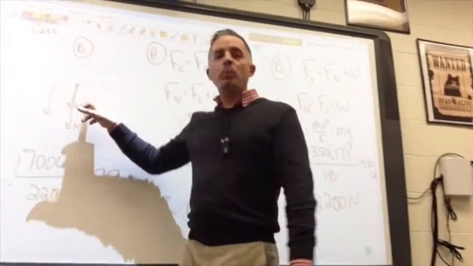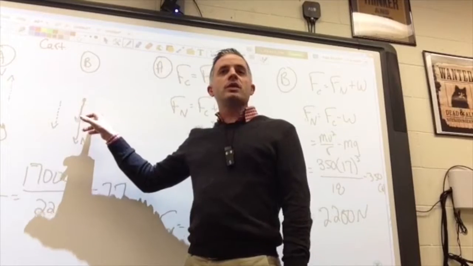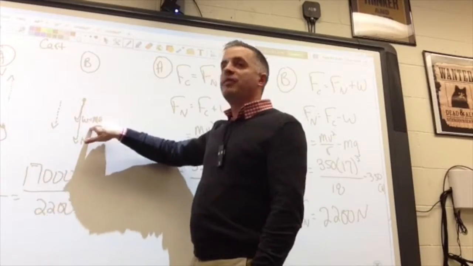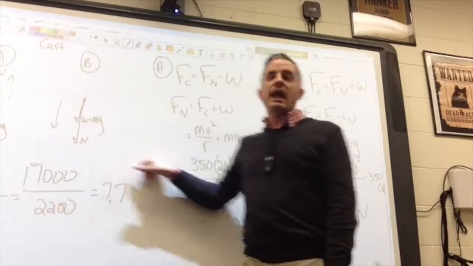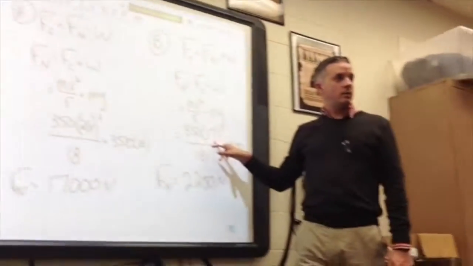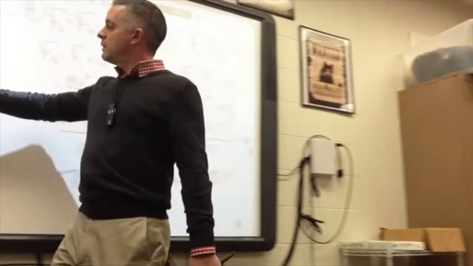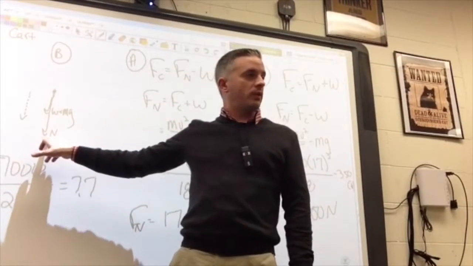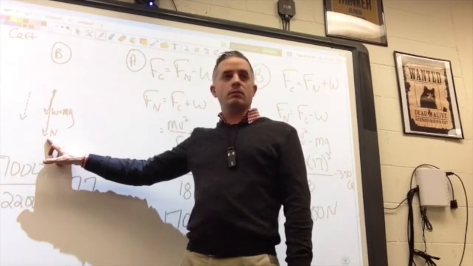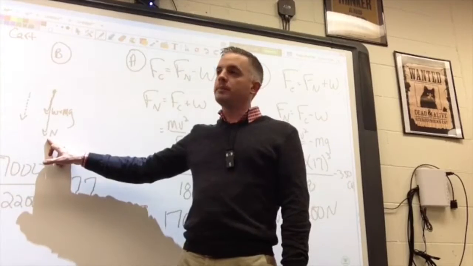Well, now the weight is helping us. So the combination of the help from the weight and the lower speed means we need less centripetal force and we need less normal force to make that happen. Do you follow me?